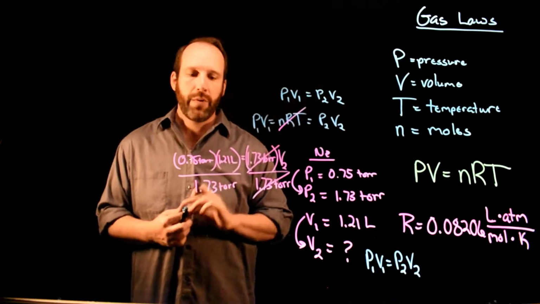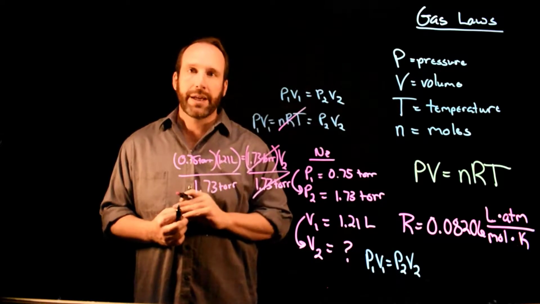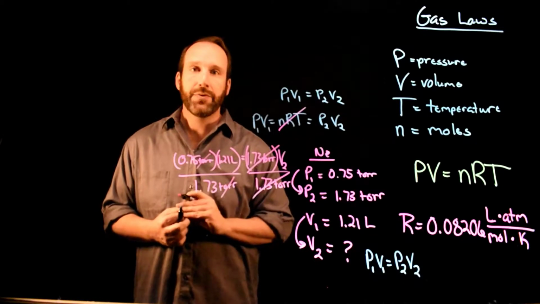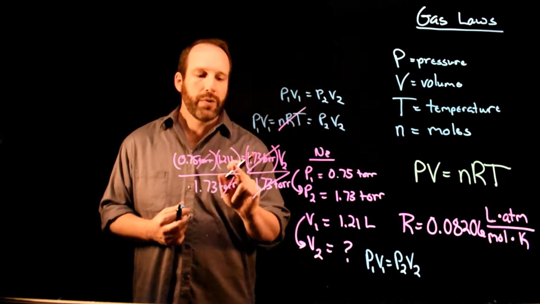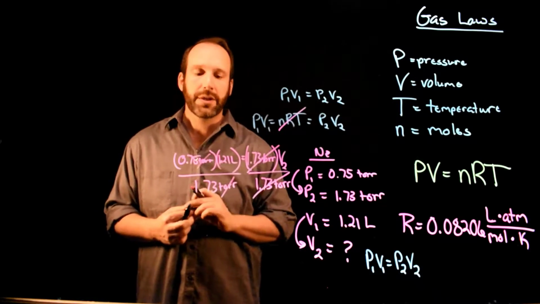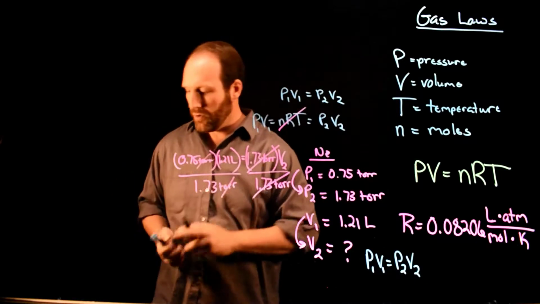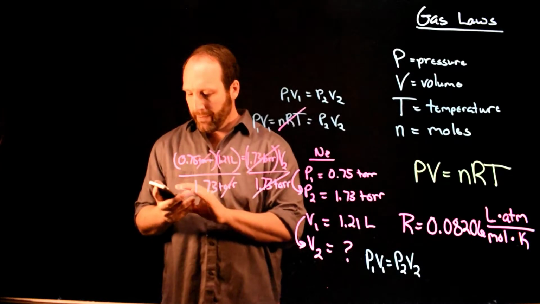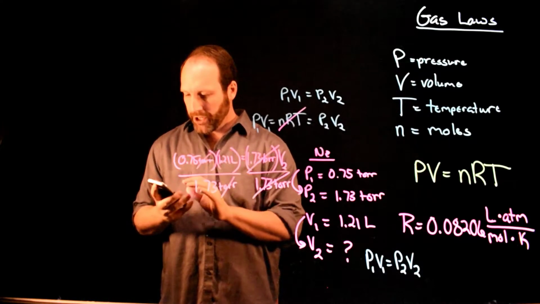Then on this side of the equation, none of the numbers are going to cancel out per se, but we see that the units of torr and torr cancel in the numerator and denominator. The only unit that's left is liters, so that's good. And so now all we need to do is just do the math here. So let me bring up my calculator and we'll give that a shot.